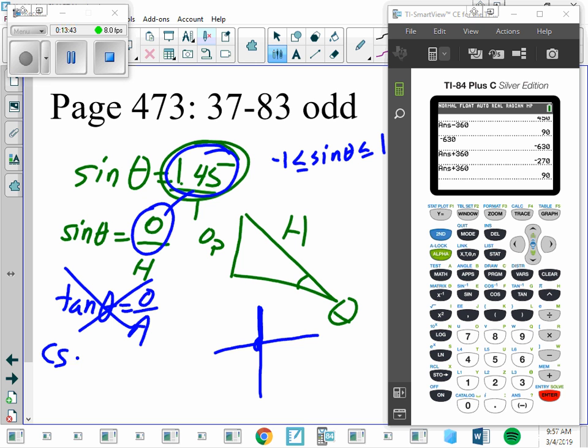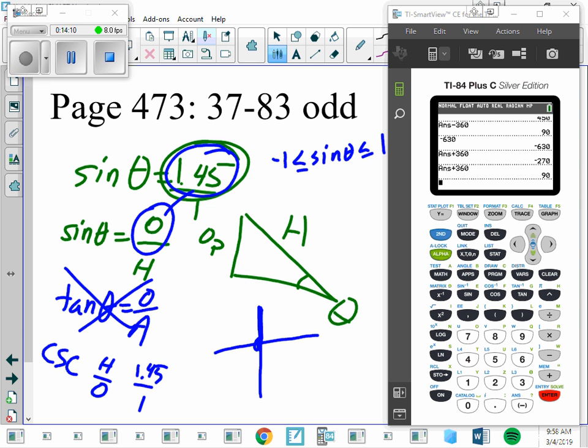What about the cosecant? Which we calculate doing H over O. What are the bounds on the cosecant? Right, so can the cosecant be 1.45 over 1?